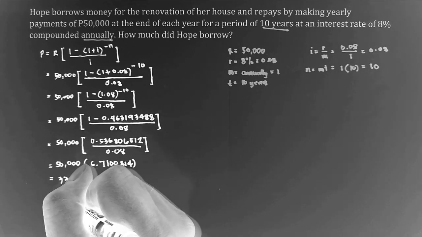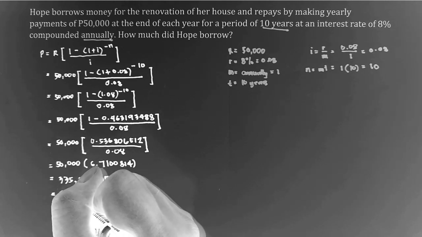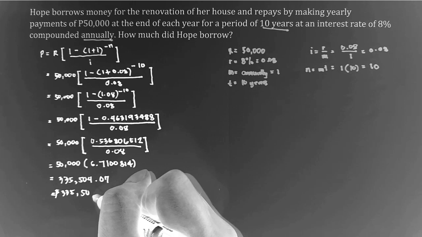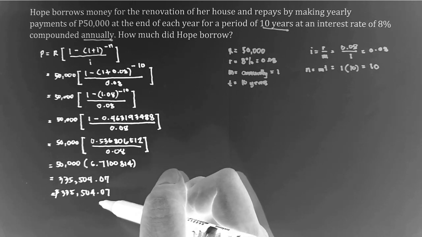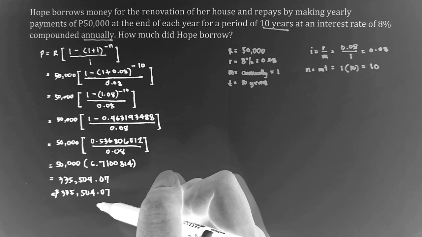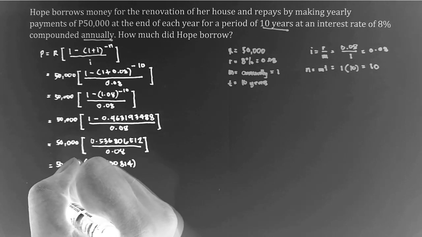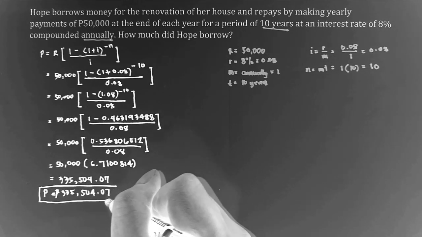So meaning to say, approximately ang hiniram ni Hope na pera ay 335,504.07 pesos. Or again, pwede nating sabihin na ang hiniram niya is approximately 335,504 pesos. So this is now the present value or yung amount na hiniram ni Hope.